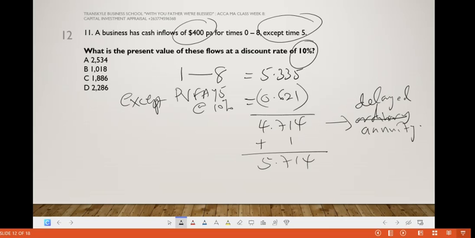Then we have to multiply with the inflows, the 400. So multiply by 400, and we should get our income as 2,286. So this means that our answer should actually be D.